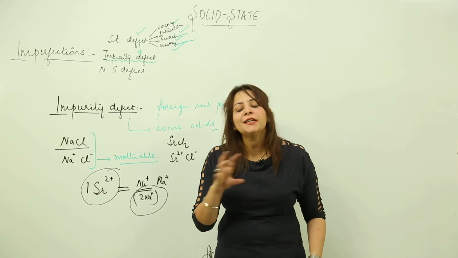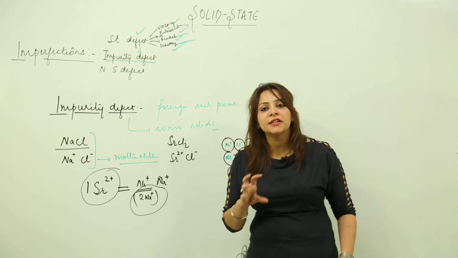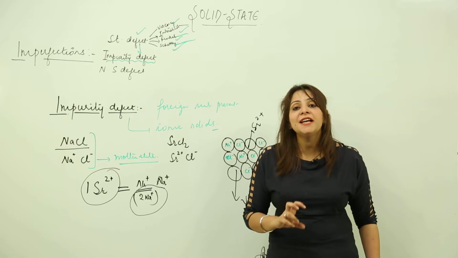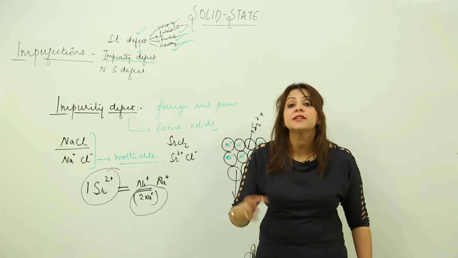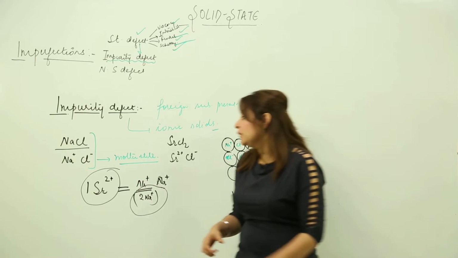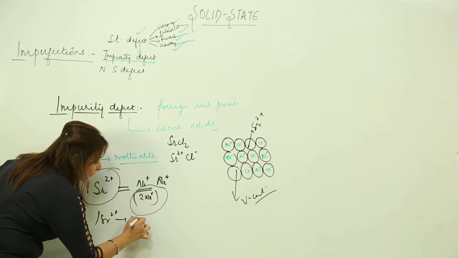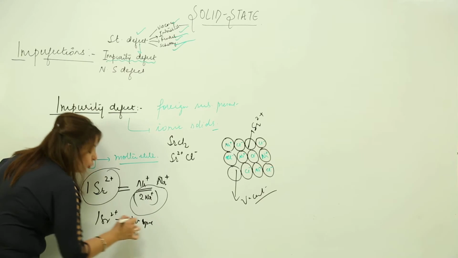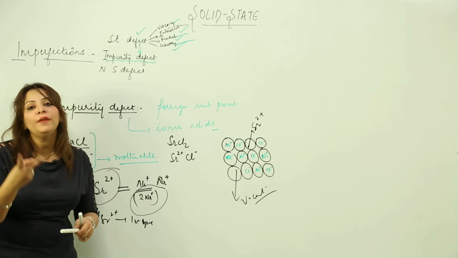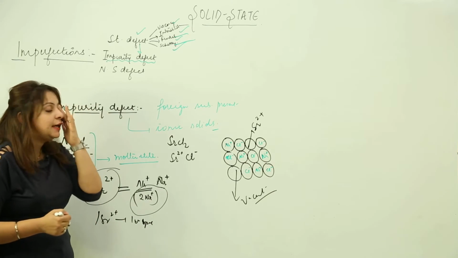So we will get to see certain places occupied by the strontium ions, but along with that we will get to see certain vacant places also. One strontium ion means one vacant place. 2 strontium ions mean 2 vacant spaces. So this is actually the impurity defect.